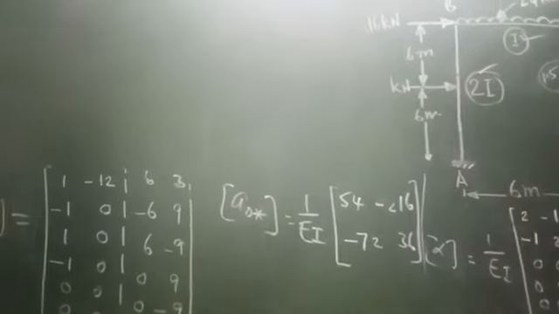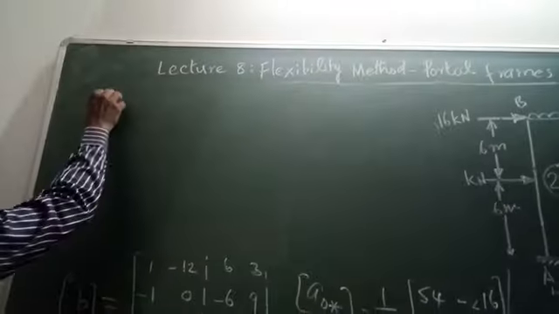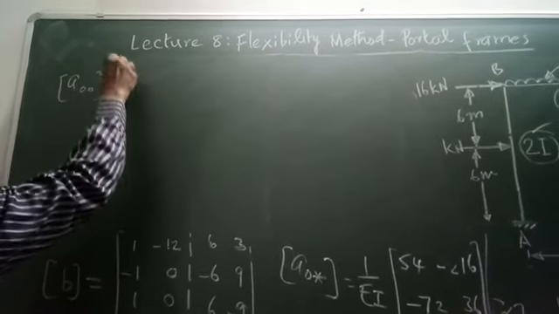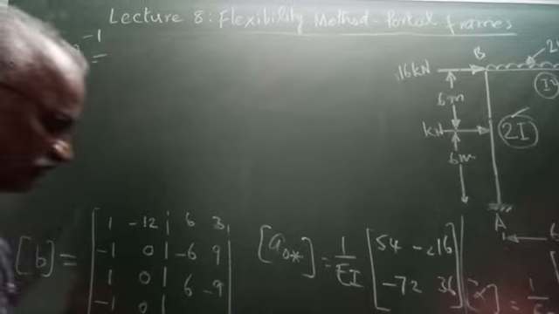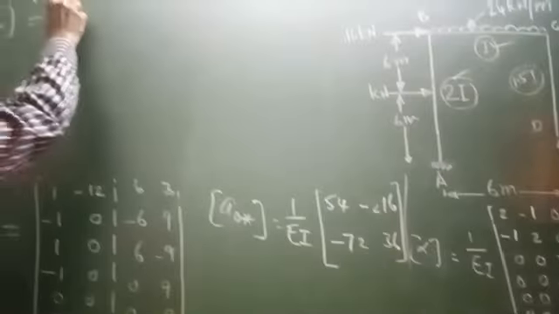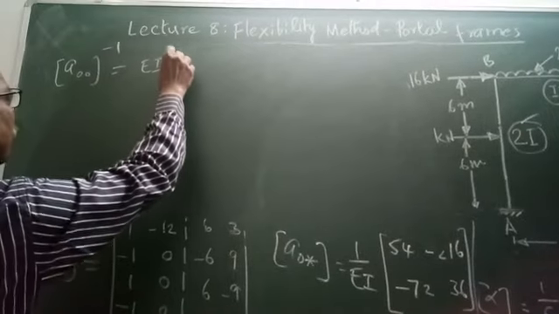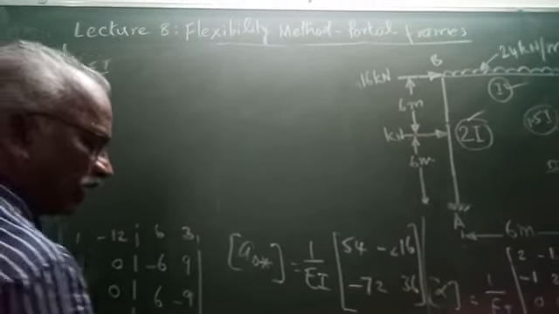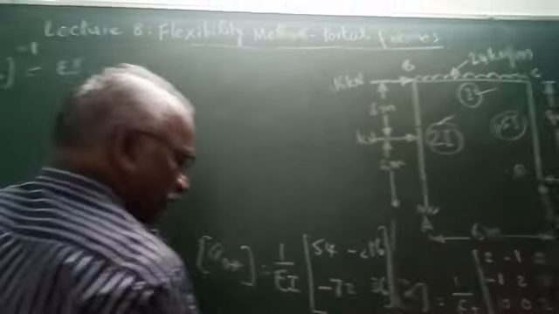Now we need A naught naught inverse. A naught naught inverse is equal to, 1 by EI will become EI, into 1 by determinant into the adjoint.